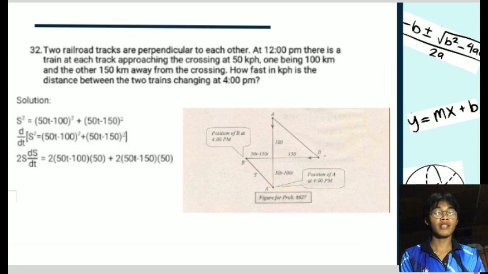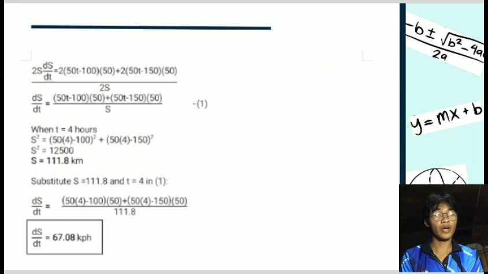So the derivative of s squared is 2s times ds over dt, and the derivative of the right side is equal to 2 times 50t minus 100 times 50 plus 2 times 50t minus 150 times 50. Then 2s times ds over dt is equal to 2 times 50t minus 100 times 50 plus 2 times 50t minus 150 times 50, all over 2s.